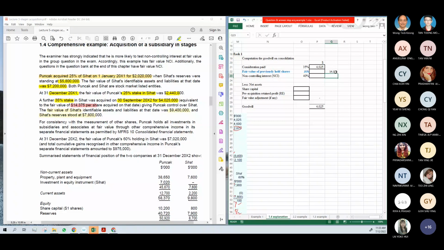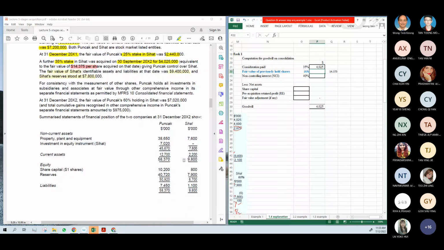So you go to Sehat share capital, $1 each, about 800 million shares. So previously held 25% at 14,375, you get 2,875.